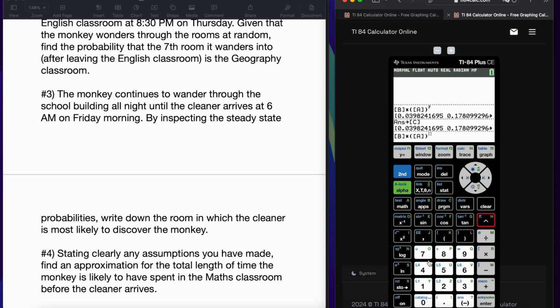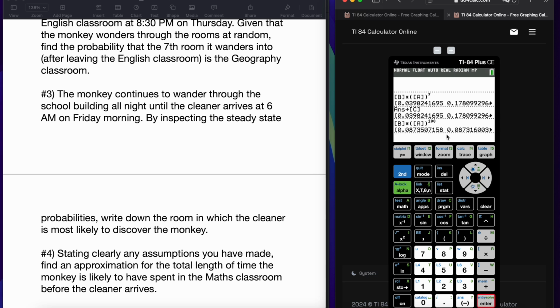For the power, it doesn't necessarily matter what we use. I think 100 should be sufficient for this case. So I have my initial state matrix, 100% probability of being in the English room, multiplied by a large power of our transition matrix.